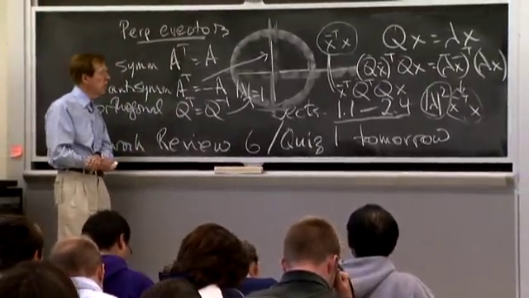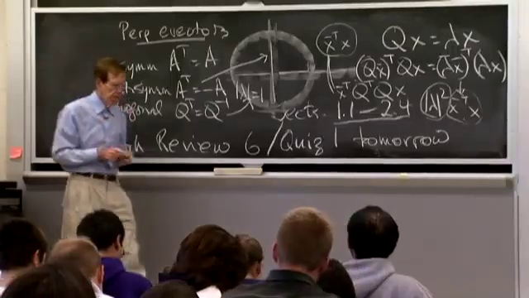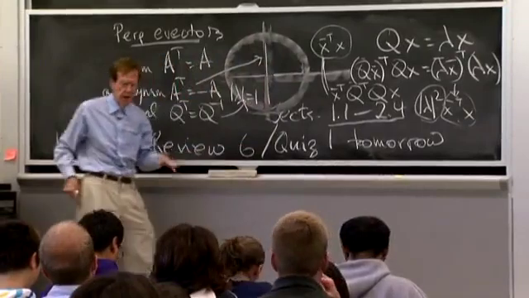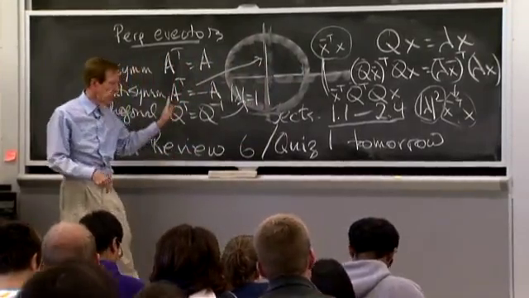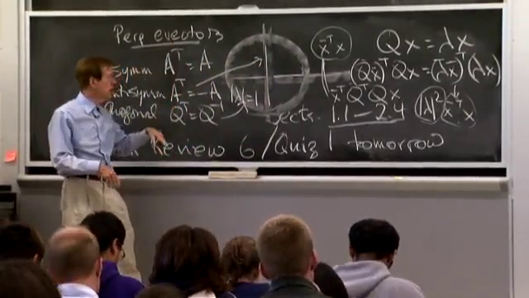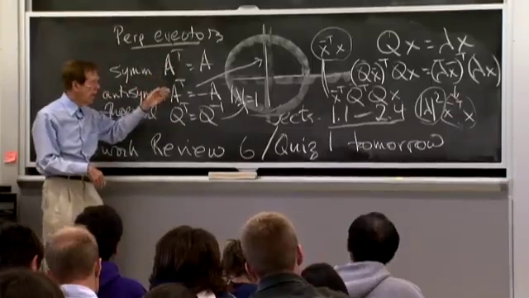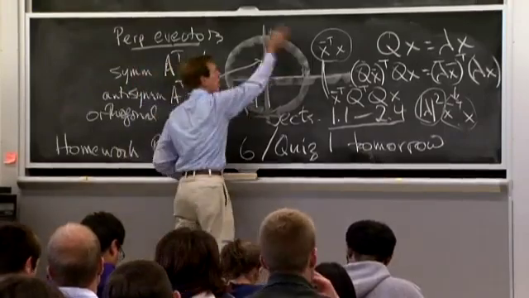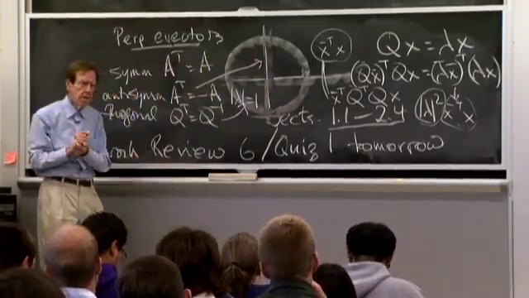perpendicular eigenvectors. I think anybody would wonder, okay, what about other eigenvalues? What's the condition for perpendicular eigenvectors that includes this, and includes this, and includes this, and also allows eigenvalues all over the place?